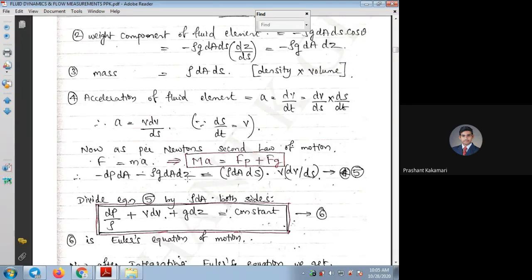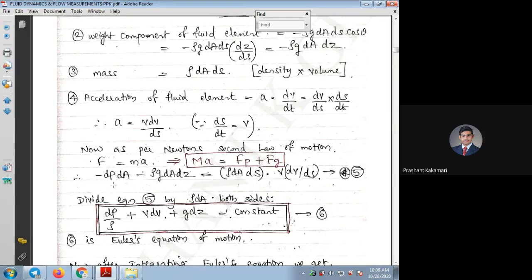Now coming to the simplification of this equation, all of you can see dA is a common term. In three terms we have dA as a common term, and we can consider some other terms also. So once you divide by rho dA throughout this fifth equation, on one side I get dP by rho.